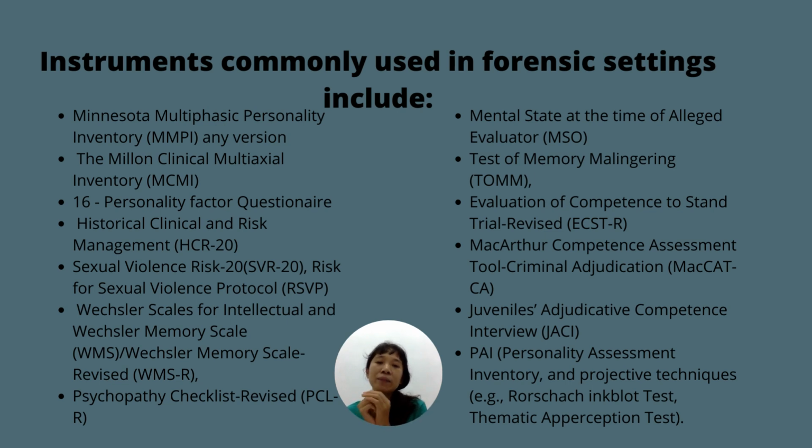There is the Wechsler Memory Scales and another one that is revised, which is also used for cases in personal injury. There are also instruments to assess response style or malingering, and for competency to stand trial, or CST, mental state at the time of the alleged offense, or MSO, and non-sexual violence risk.